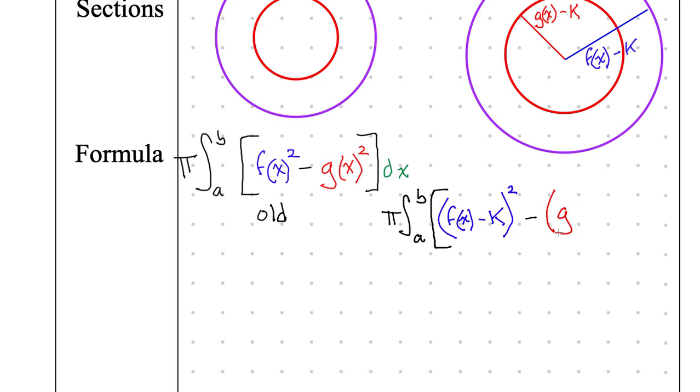Inner is g of x in this case, g of x minus k, quantity squared. And that whole thing times the thickness dx. And please label this thing. Remember that blue is our outer and red is our inner.